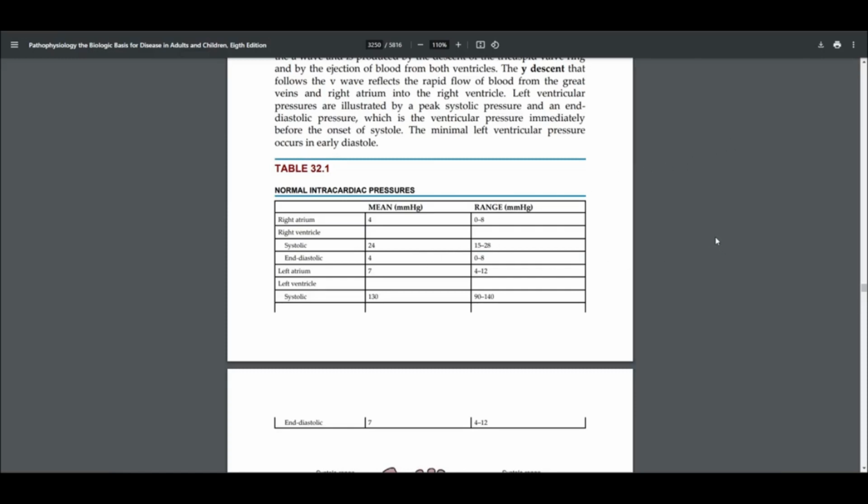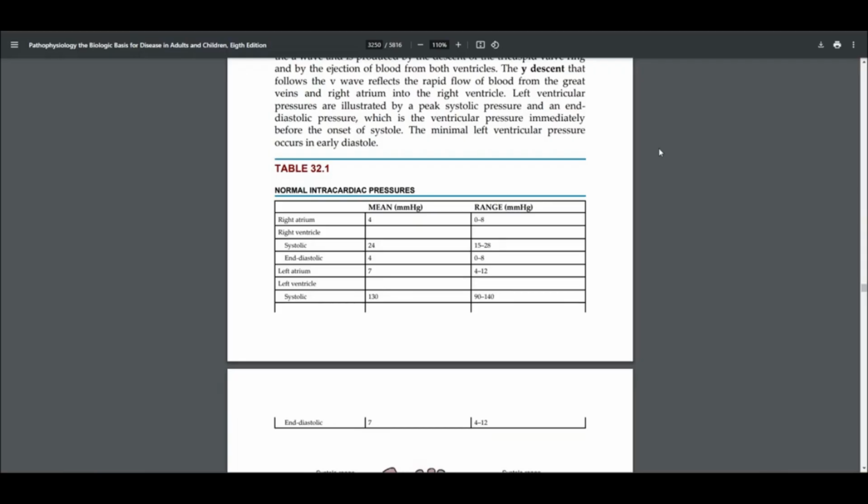The left side should be higher in ranges. Again, it has a larger resistance in the body. So the left atrium would be lower, 4 to 12, with a mean of 7. Whereas the left ventricular systolic is anywhere between 90 to 140. That is what gives us our systolic blood pressure.